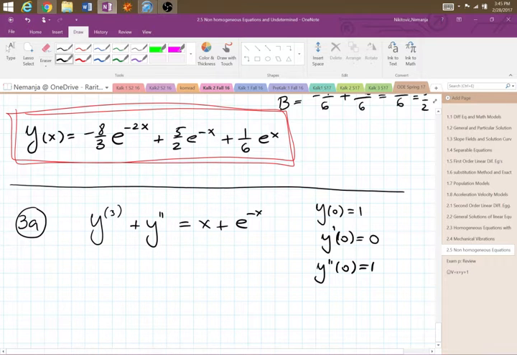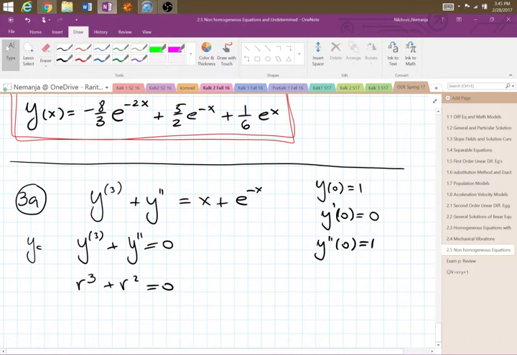So we start with the complementary solution first. We are going to solve y to the third derivative plus y to the second derivative equal to 0. Characteristic equation immediately. We are going to look at these r's here and say that's going to factor out r squared, and we get r plus 1 as a leftover.